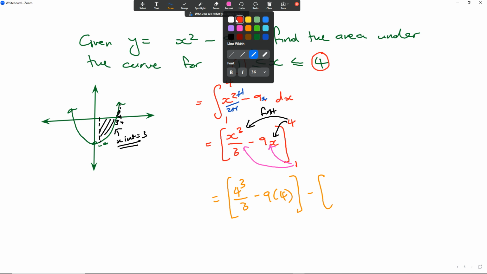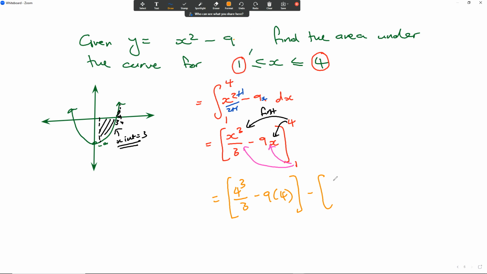And when I substitute 1 in there, I get 1 to the power of 3 over 3 minus 9 times 1. And now I'm left with just values. Now this is the integral from 1 all the way till 4. Let's see what this comes to. We put this on a calculator and let's see what answer it gets. So this comes to negative 6.